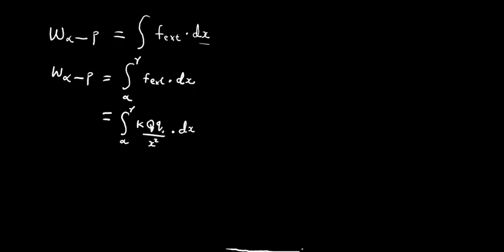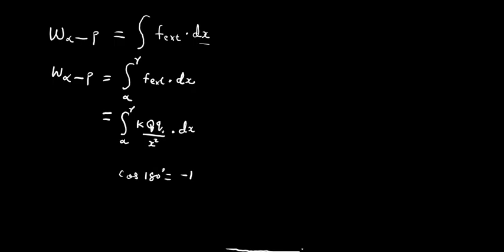Remember that displacement is in the positive X axis, while the external force is in the negative X axis. So the angle between them is 180 degrees, and cos 180 degrees is equal to -1.